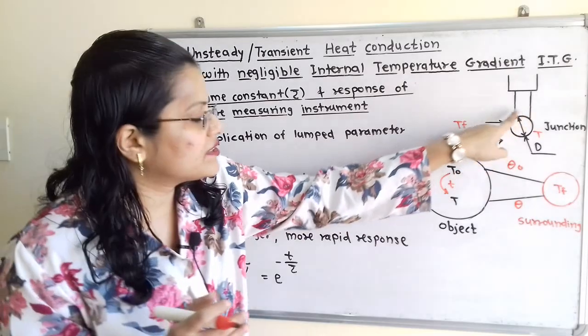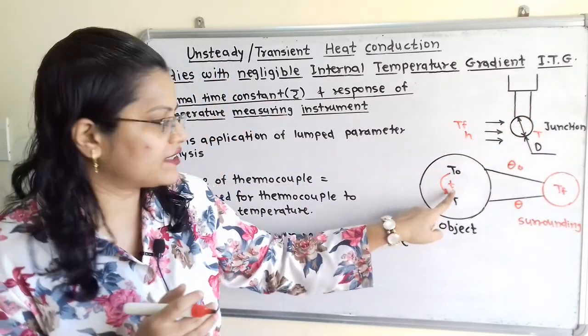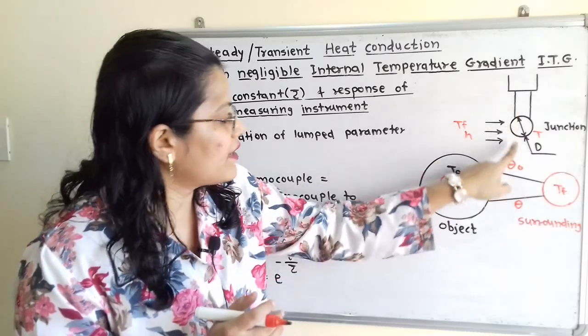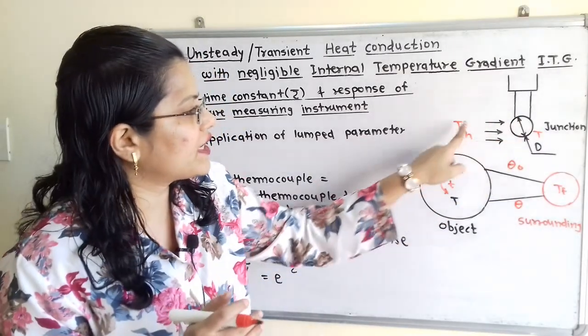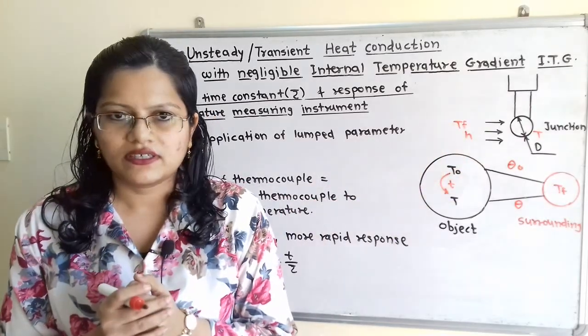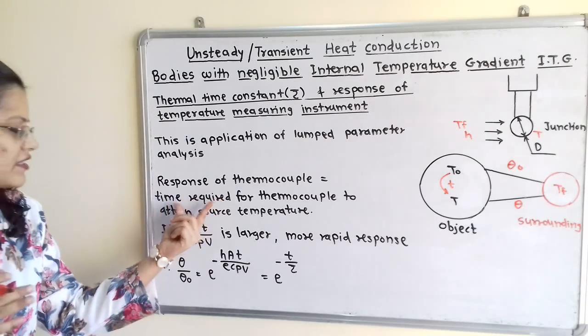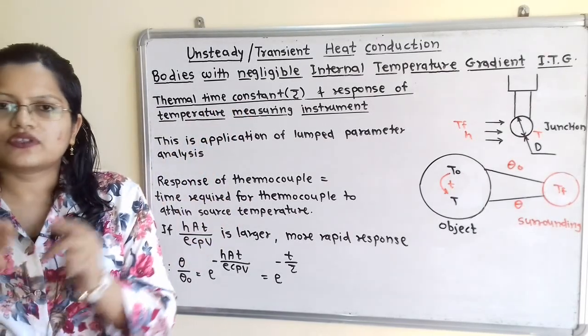Now here this is the junction and we have to measure this small t, that is the time t required to attain the source temperature, that is required to attain the temperature of the surrounding fluid or surrounding gas.